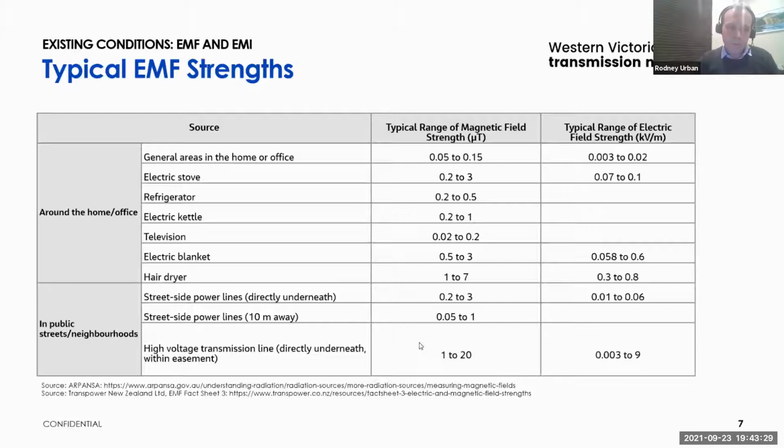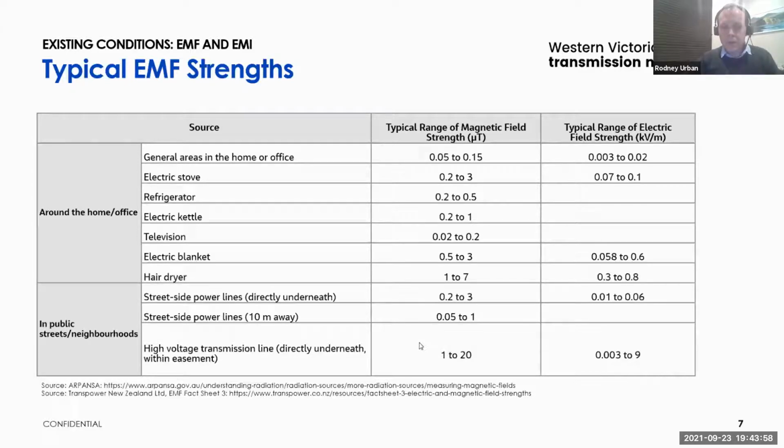In your public streets and neighborhoods, where we've got bulk supply of electrical power to entire neighborhoods, we do have similar comparable field levels. And the reason why they're comparable, even though there are larger currents flowing, is because we have increased distance between ourselves and the infrastructure below the street level.